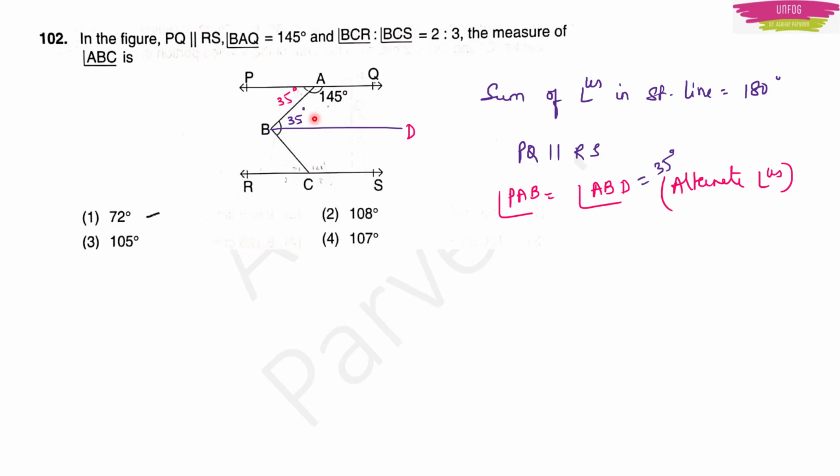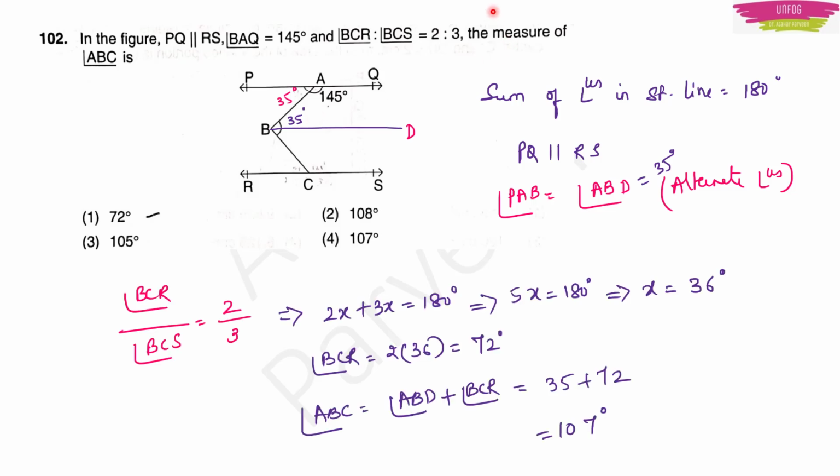This part I got. Now I will use angle BCR to angle BCS is 2:3, right? So 2x plus 3x will also be equal to 180 degrees, so there I can find the value of x. After finding the value of x, I can find angle BCR. Once I find angle BCR, again I can apply this alternating angle concept. See this?